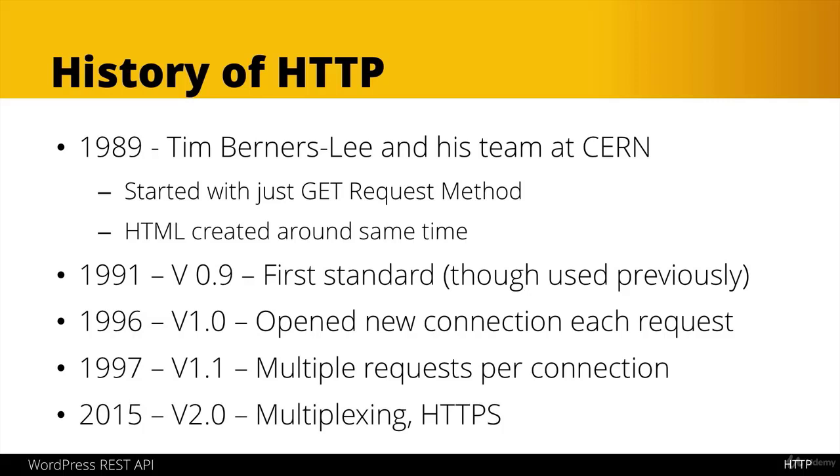However, in 2015, version 2.0 of HTTP was standardized, and here we see multiplexing, which is having a single connection and multiple requests, but those multiple requests not being affected as much by one another as they are with version 1.1, where one slow request might slow up other requests that are waiting for it and create kind of a bottleneck situation.